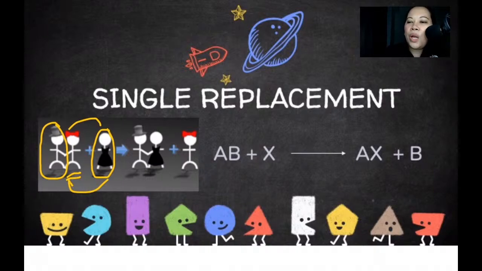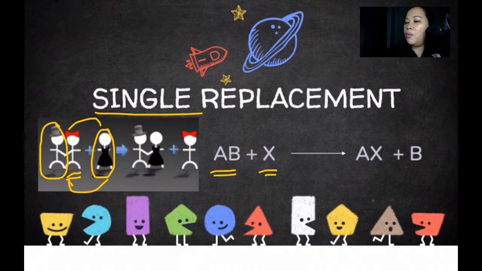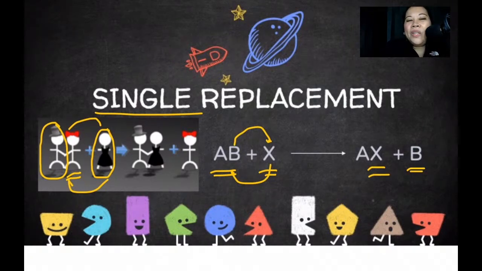All right, so when we say single replacement, we replace one of the elements of your reactant to your product site. Okay, so single replacement, from the word single, so we will replace one of it. So the boy here replaced the lady on the red ribbon with a black dress. Okay, so AB with X, so X will replace B, and then you will have the new pair, which is AX.